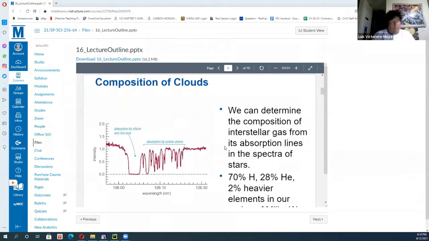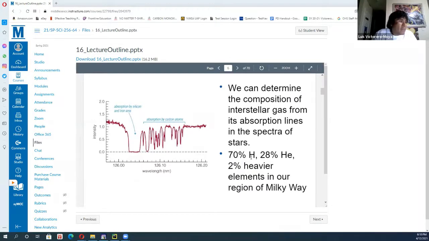So how do we study these clouds? As you probably know already, the best way to study clouds that don't emit their own heat is by studying their emission lines. And by studying their emission lines, we see that they have, as we expect, a high abundance of hydrogen and helium, and then 2% of other elements: carbon, oxygen, nitrogen.